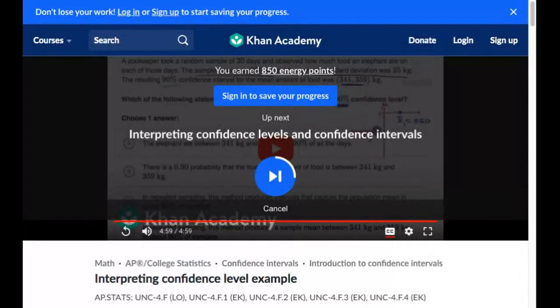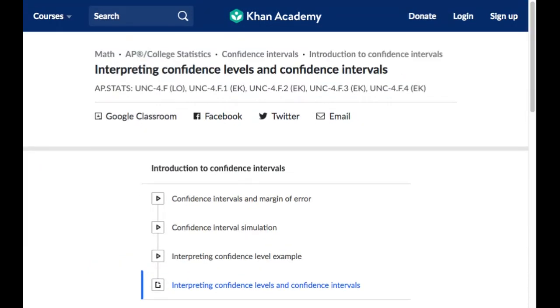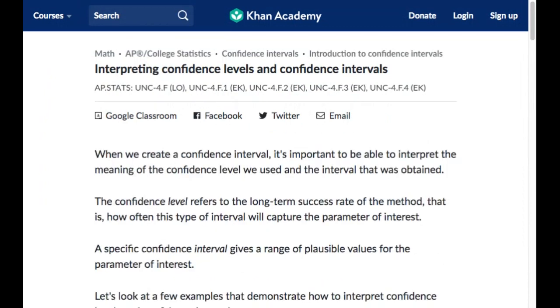Okay. So from that example, basically what I want to show everybody is that you must read the question carefully, and understand what it's saying to you so you can interpret it appropriately, because you can get confused by the language.